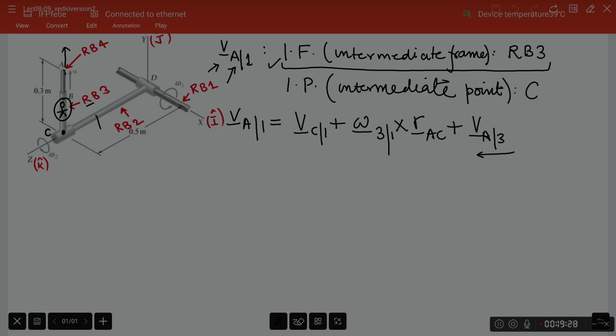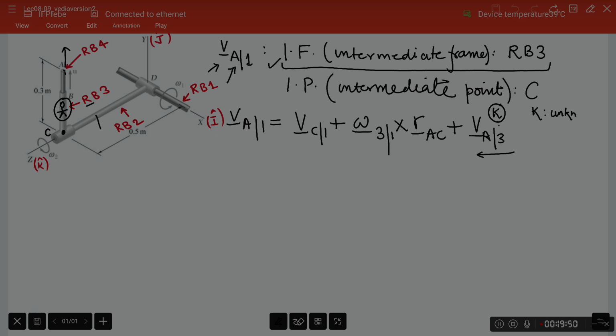But if there is an unknown I come across, I will have to do some extra formulations. I am prepared to do that. So let's start with the rightmost term, VA3. Is VA3 a known quantity or an unknown? It is a known quantity. I put K. K stands for known.